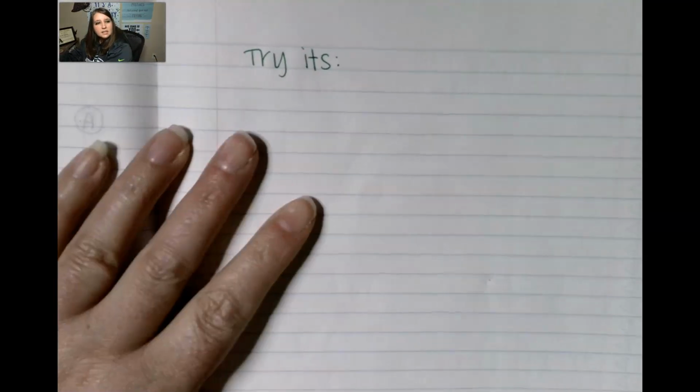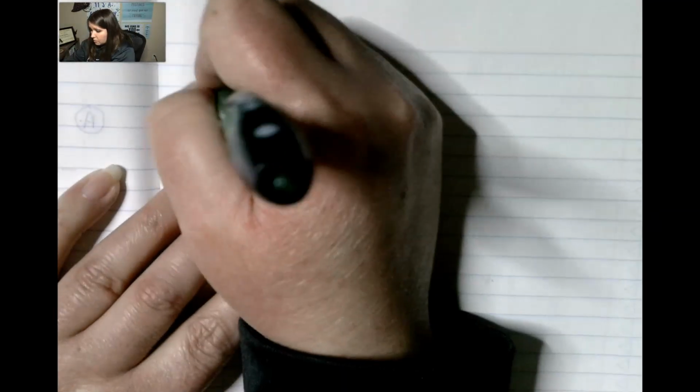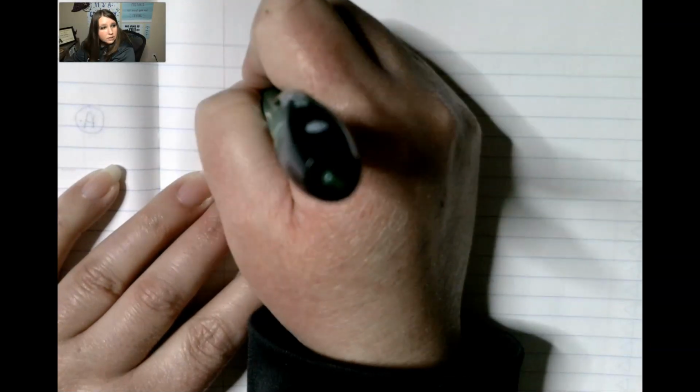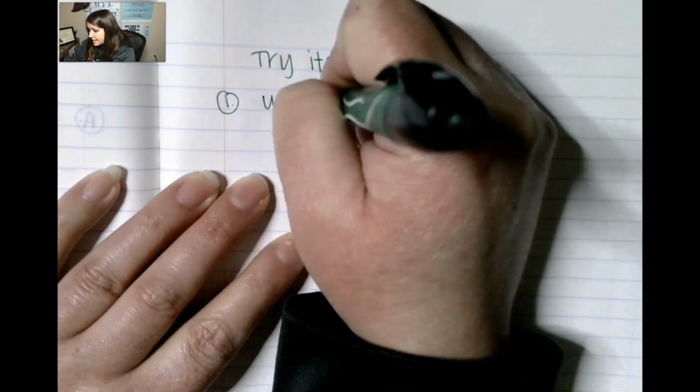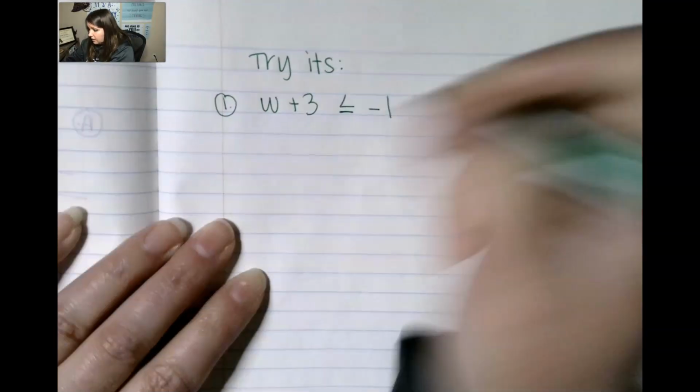Okay, ready for the try-its for today. Try-it number 1 is W plus 3 is less than or equal to -1.